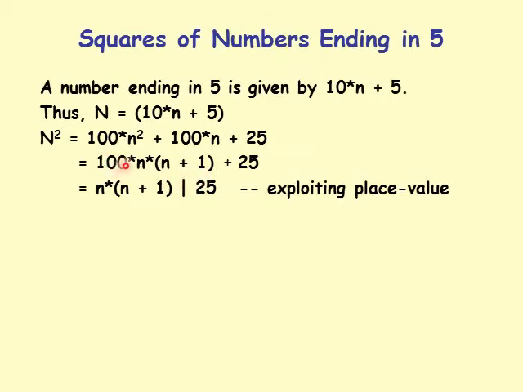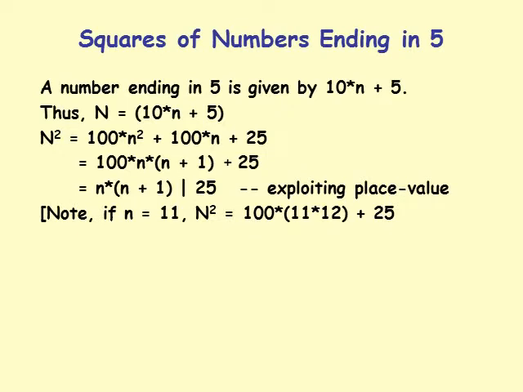If I multiply some number by 100, we get 2 zeros at the end, and this 25 added slides right into those 2 zeros. So I can say that 25 is on the right and n times n plus 1 is on the left. We are trying to exploit the place value system here.